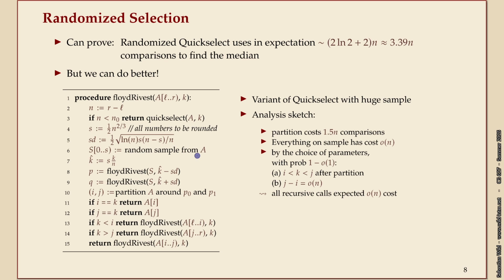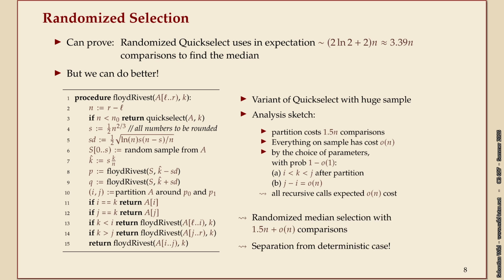What this needs is knowledge from statistics about how likely is it that this estimator for the median that we get from the sample is off by so and so much. So I don't want to get into this in detail. But the bottom line is that you can do randomized median finding in 1.5n comparisons. And that's strictly less than the lower bound we've seen cited, the 2n comparisons that you need deterministically.